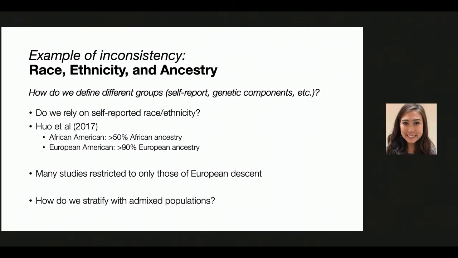The source of information, whether self-reported or grounded in genomic data, was not always provided, so we weren't always sure if it was appropriate or accurate. It was also unclear how people handled admixed populations, or what the downstream clinical implications were. So this is one example of an area where we felt a specific set of terms, definitions, and standards would be beneficial for the field at large. And then next slide.